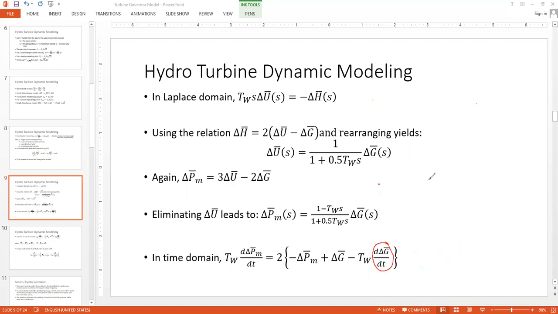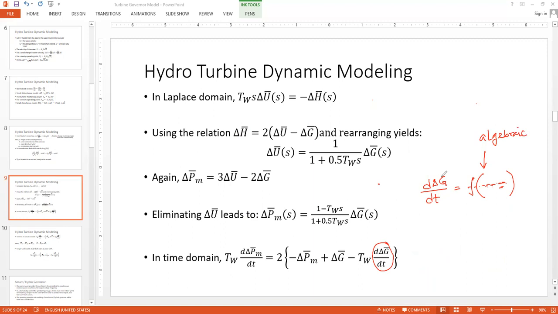So our next target is to get something like this: d del g by dt equals some function of some algebraic variables. This could be a state variable, this could be any other input variable, but this side should be algebraic. So this is our next target.